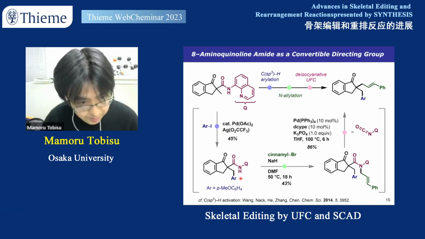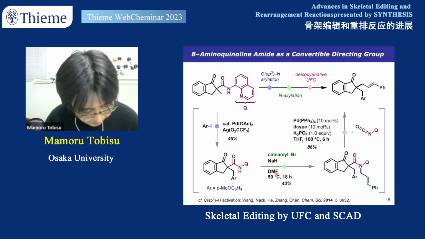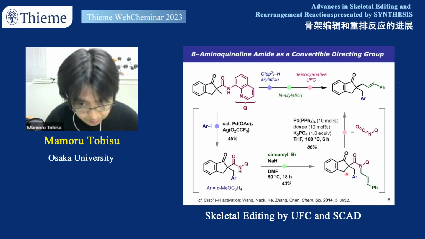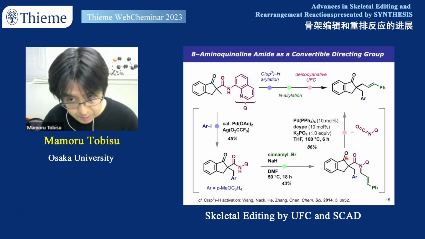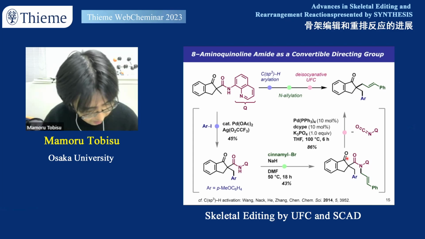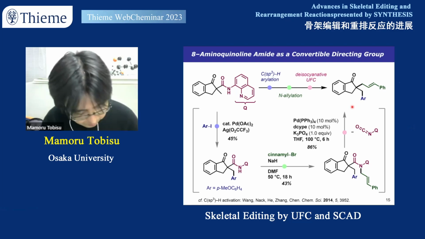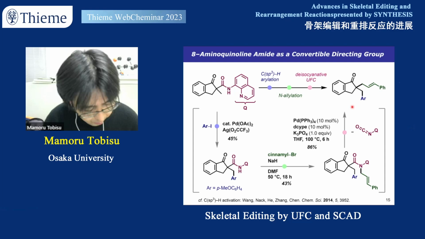And then this NH group is alkylated, resulting in the formation of this amide. And this can undergo our UFC reaction in the presence of a palladium catalyst to give this alkylated product. So as a result, the aminoquinoline moiety can serve as a removable directing group in the C-H bond functionalization reaction.